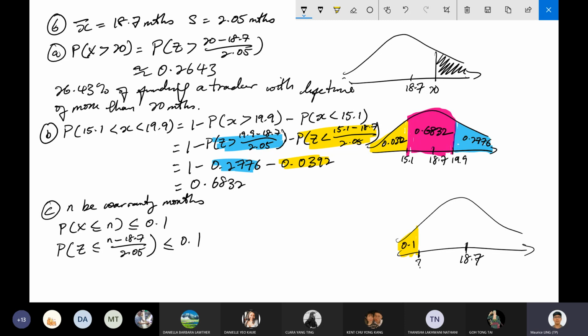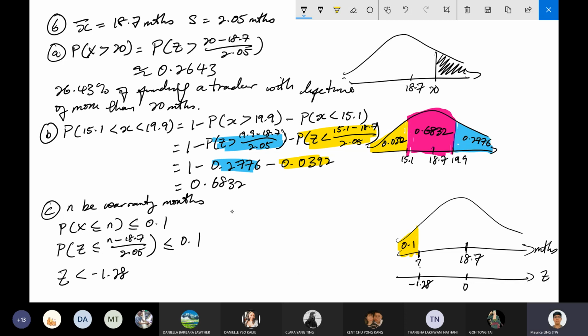So in order to find the axis, you use 0.1 as probability. So Z has to be less than minus 1.28. So if you put this on the axis, this is the months. This is the Z-axis, so this is 0. Here is minus 1.28. So to get 0.1.